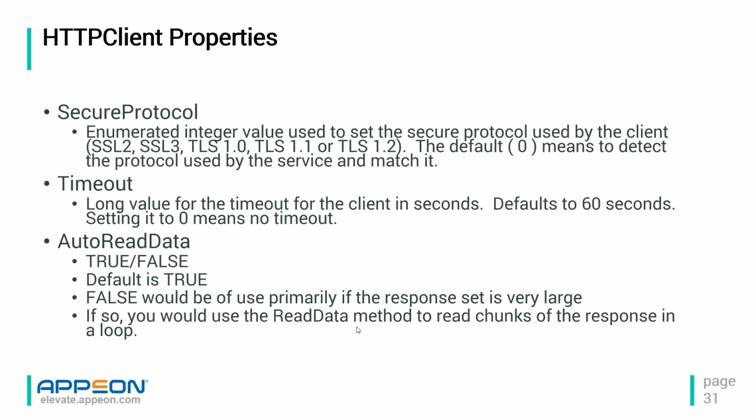If auto read data is set to true, which is the default, that means when you read a response from the web service, you read all of the data in at once. If it's set to false, you can read chunks of data, and so that's how you deal with a really large result set.